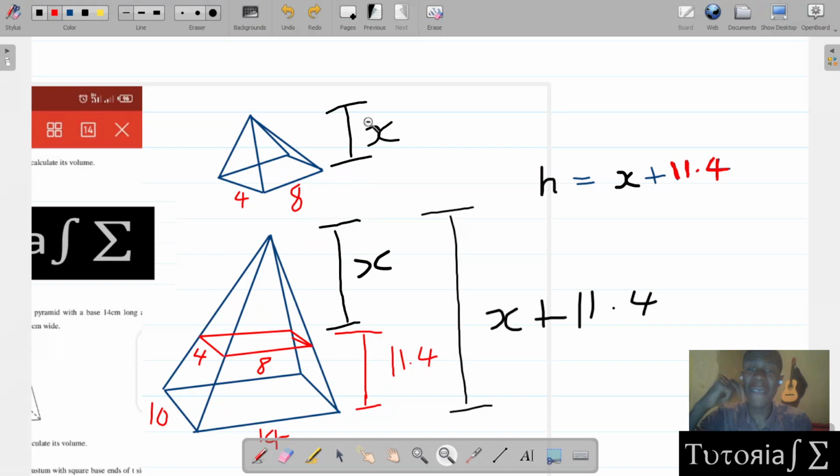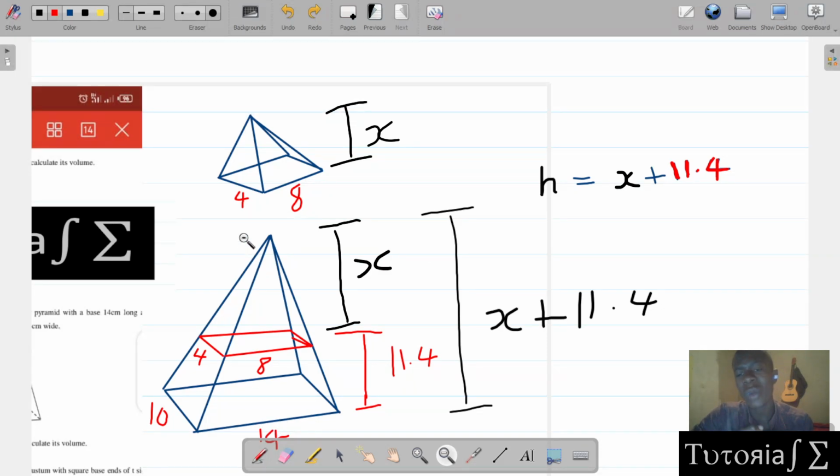So we can find the value of X by taking ratios. We can say this height corresponds to this height. We are equating this height to that height. And we can also use the bases. We can say the long side of the base, which is 8, corresponds to the long side of the base of the bigger one, which is 14.